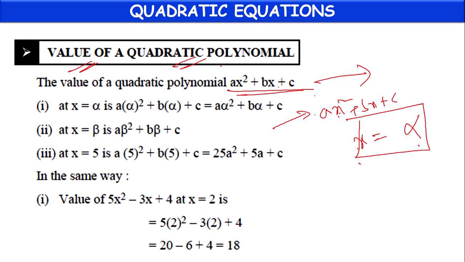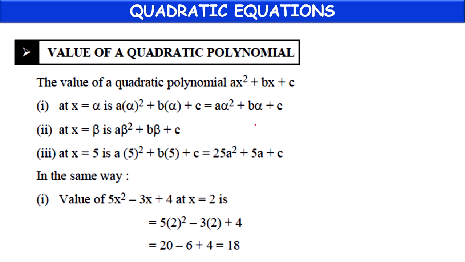What we have to do is, in the place of x we have to keep alpha. The value of x is given as alpha, so we have to find the value of the quadratic polynomial when x equals alpha.